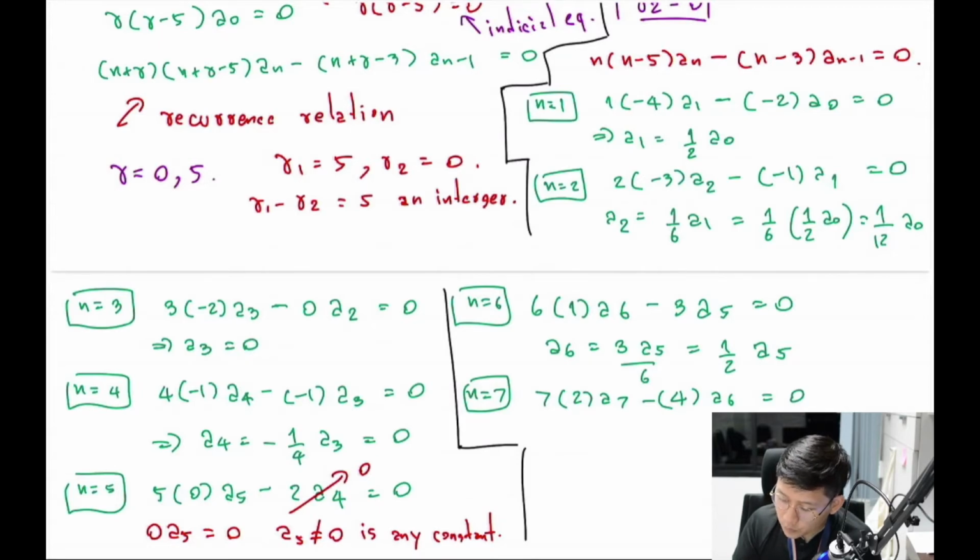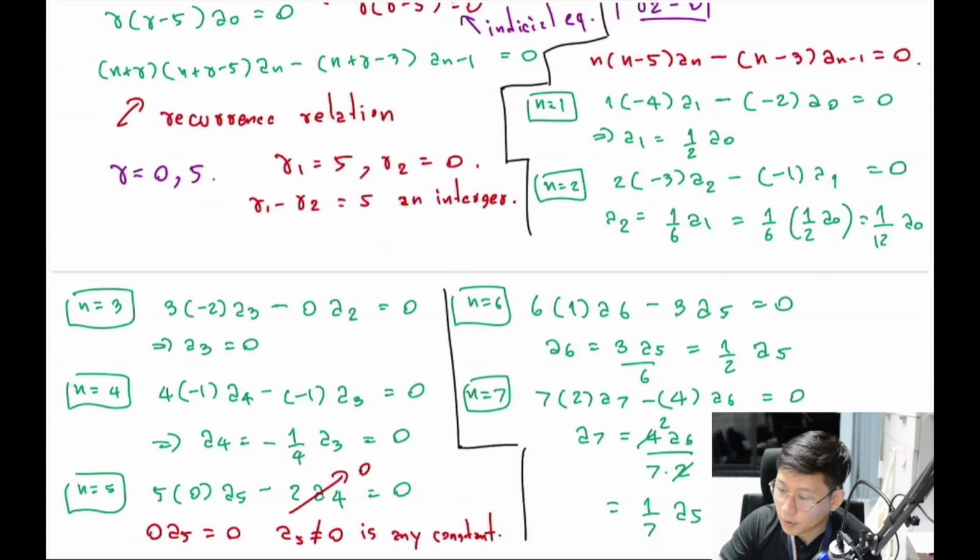Okay, and so here a7 would be 4 a6 divided by 7 times 2, and that would be 2/7 a6. Okay, but a6 is 1/2 a5, so that would be 1/7 a5.